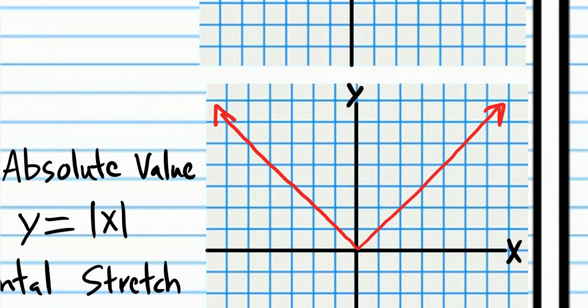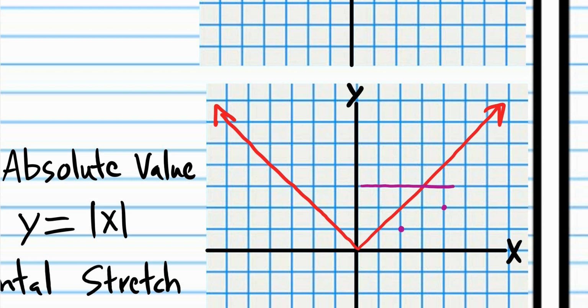So this x value is 1. I'm going to multiply it by 2, and so I'm going to have an x value of 2. This x value is 2. I'm going to multiply that by 2, and I get 4. This x value is 3. Multiply the x value, which is 3, by 2, and you get 6.